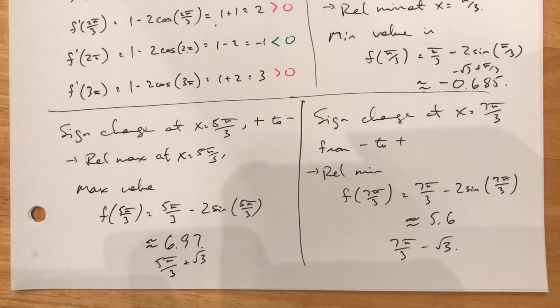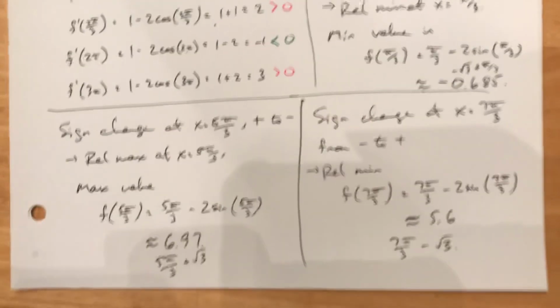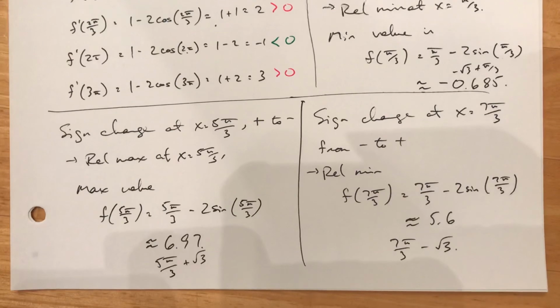In terms of something like WebAssign, they're generally going to be looking for these exact values. You do not have to come up with the decimal approximations, although that would help you in drawing the graph.